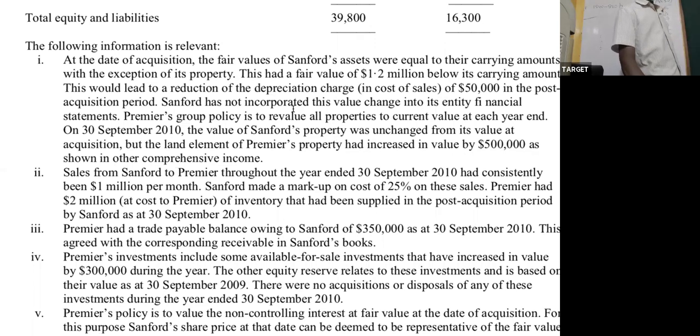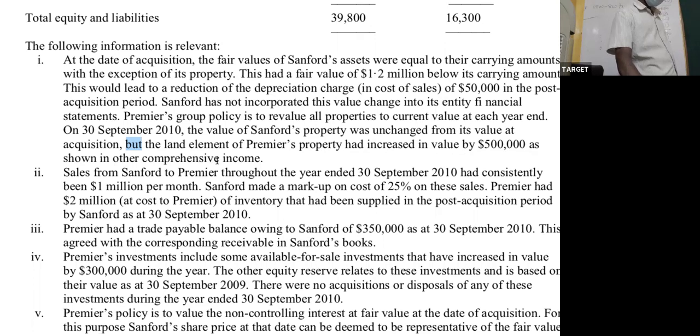Any issue that affects the subsidiary requires extraordinary workings because of the sharing, but anything that affects the parent is so easy, straightforward. So thank God no revaluation affected the subsidiary. But they say the land element of the property had increased in value by 500,000, as shown in the other comprehensive income.